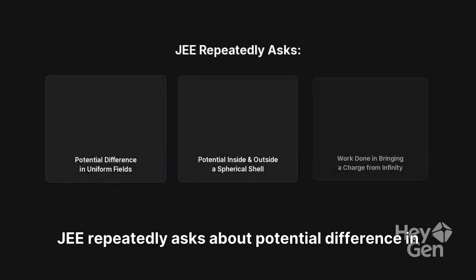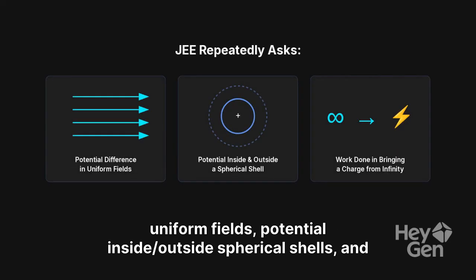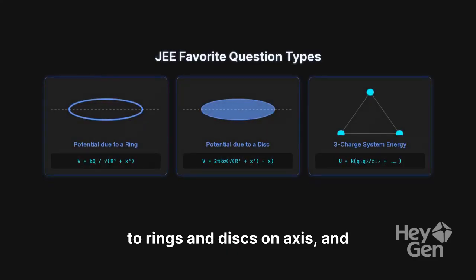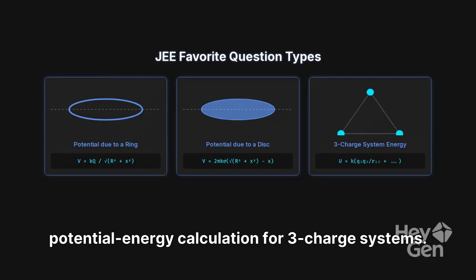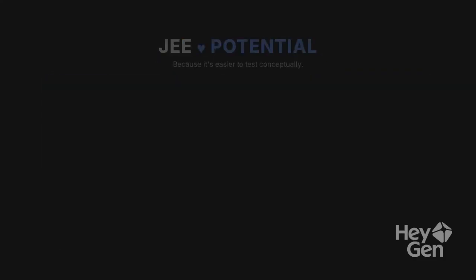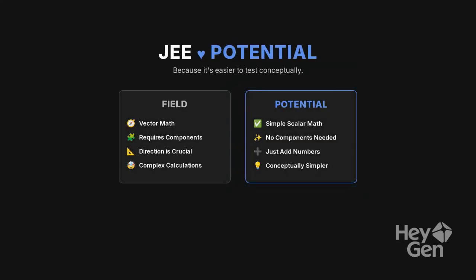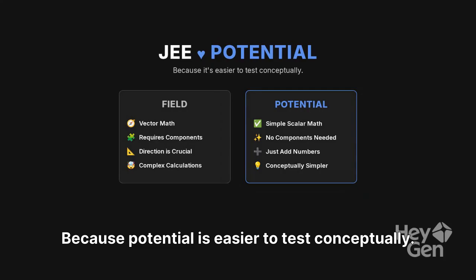JEE repeatedly asks about potential difference in uniform fields, potential inside-outside spherical shells, and work done from infinity. They also love questions on potential due to rings and disks on axis, and potential energy calculation for 3 charge systems. You'll notice something. JEE loves potential more than field, because potential is easier to test conceptually.